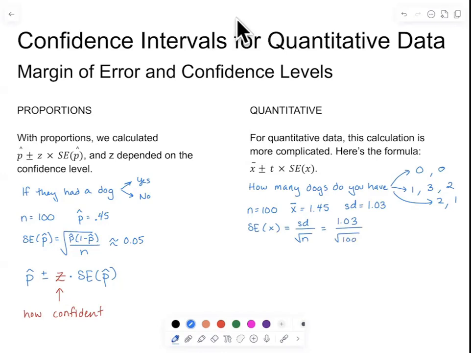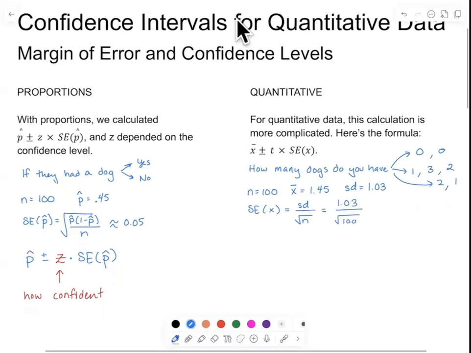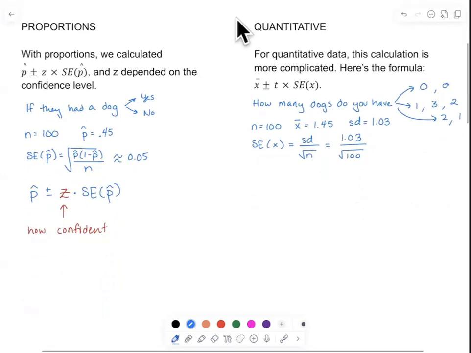Now, here's where things get different from what we saw with proportions. When we're dealing with quantitative data, we have a similar formula: x bar plus or minus t times the standard error of x bar. We've already talked about how x bar is the average, and I just gave the formula for the standard error.